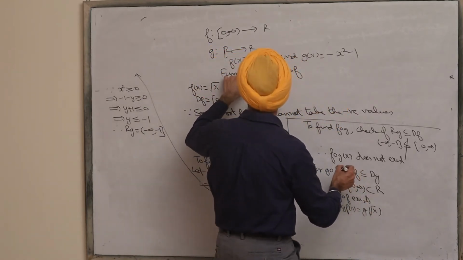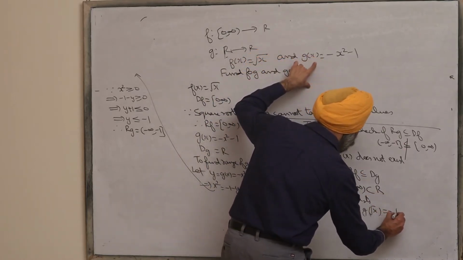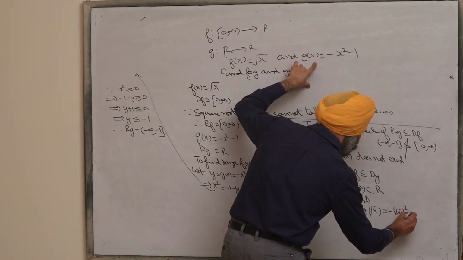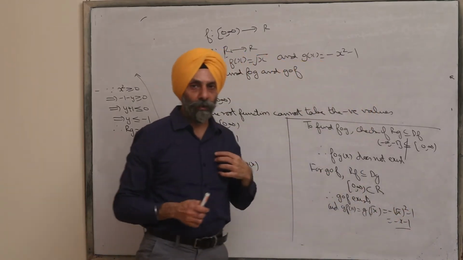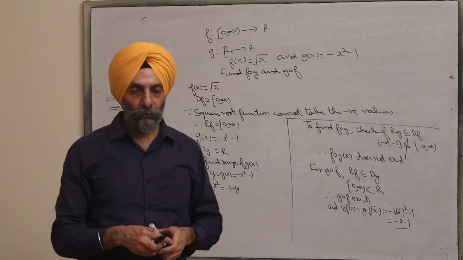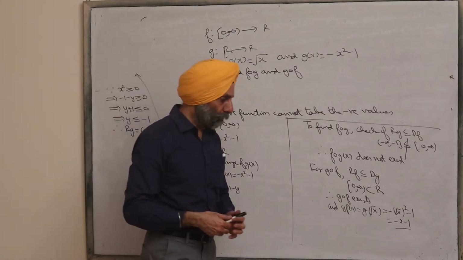Now g of root x is equal to minus root x square minus 1, which is minus x minus 1. So this way you can find the composite function, or function of function.